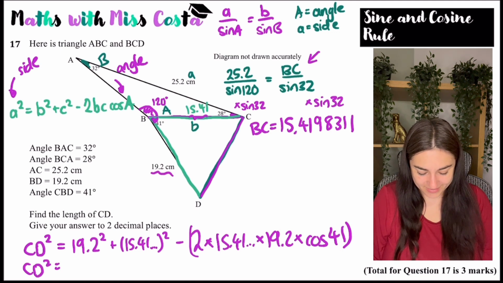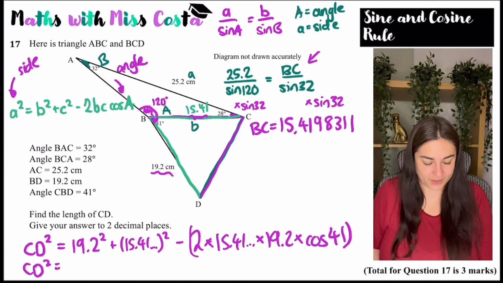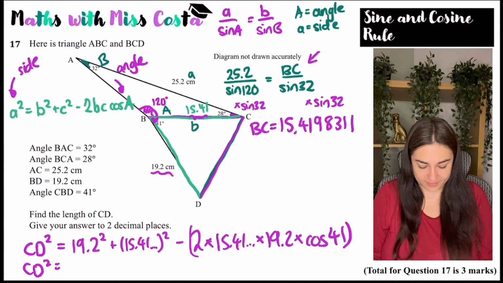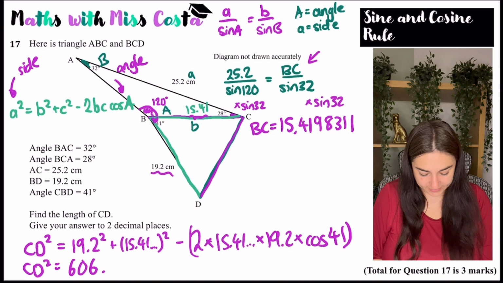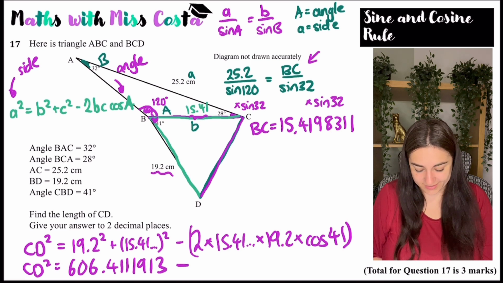So let's simplify that. So answer squared plus 19.2 squared gives me 606.4111913. I just like to be accurate.